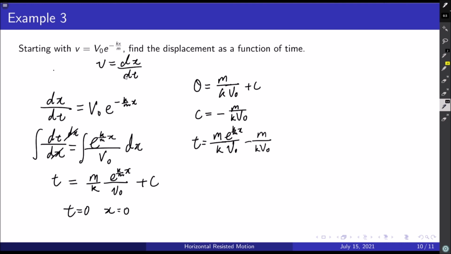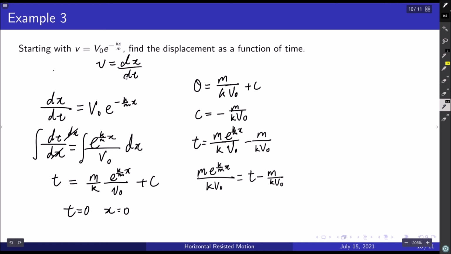Okay, so now all we need to do is all the algebra to get everything into the form where x is the subject. So m e to the k over m x over k v0 equals t minus m over k v0.